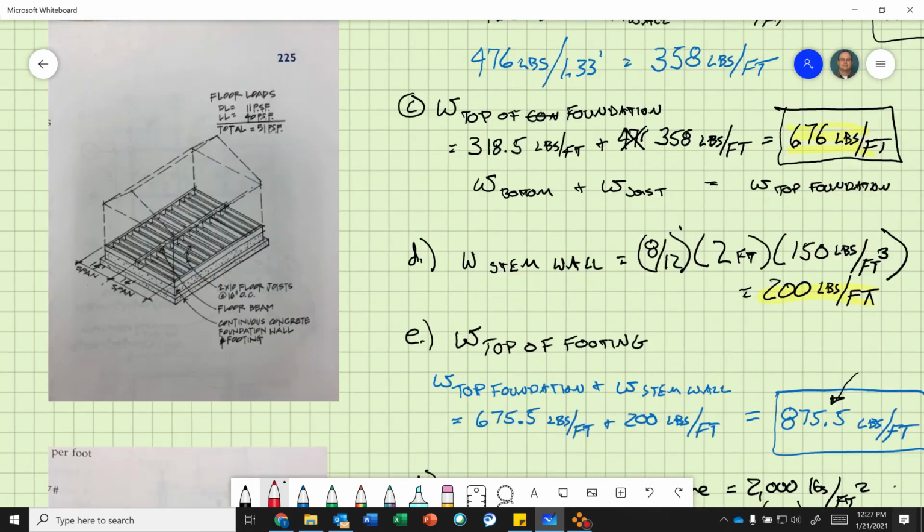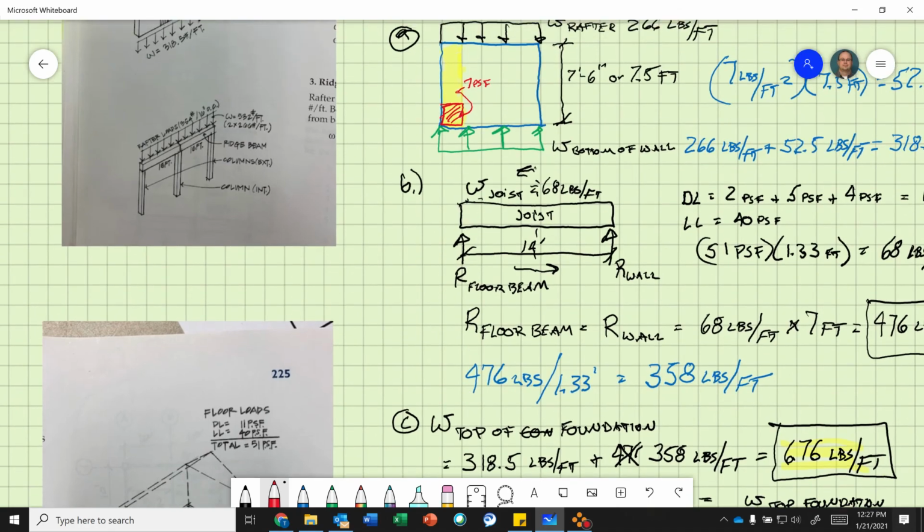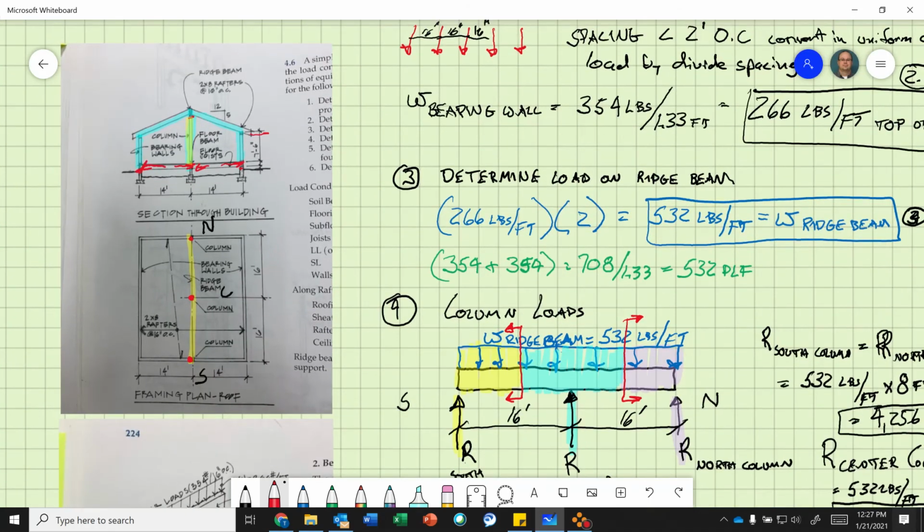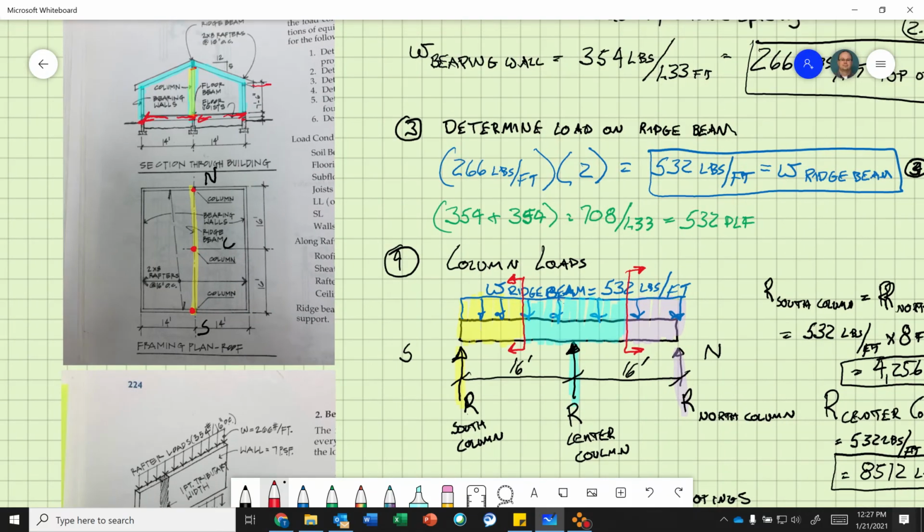So where are we in the center column? If I'm trying to find the diagrams here, we got to the floor joists. Now we're getting to the columns. We've added all the floor joists. Now we're at the floor beam, and then we need the floor beam down to here. We got this done and this done. So don't forget about these columns.